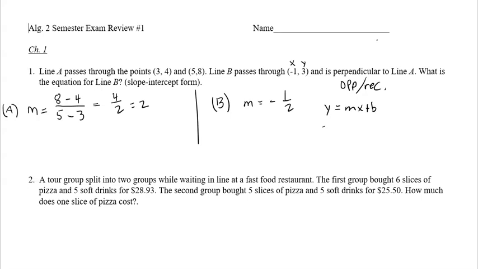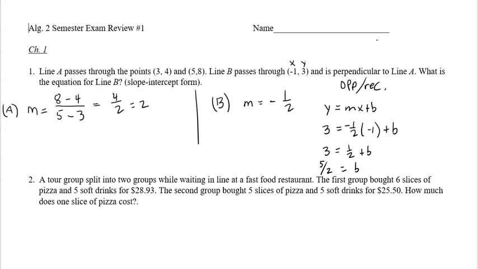So y is 3, m is negative 1/2, x is negative 1, and I'm going to solve for b, and once I have b, I already know what m is, I can write the final equation for this line b. So 3 is equal to 1/2 plus b, and if I subtract 1/2 from both sides, I get 2.5, or in fraction form, that's 5/2 equals b.